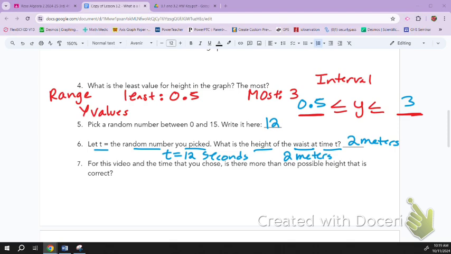For this video, remember, we're talking about a guy walking up a slide, across a platform, then going down. For the time that you chose, is there more than one possible height that is correct? What I'm talking about is at 12 seconds. At 12 seconds, could there have been another height?